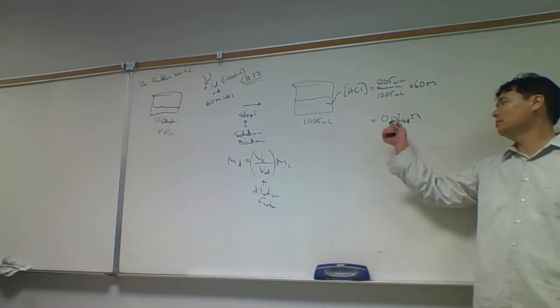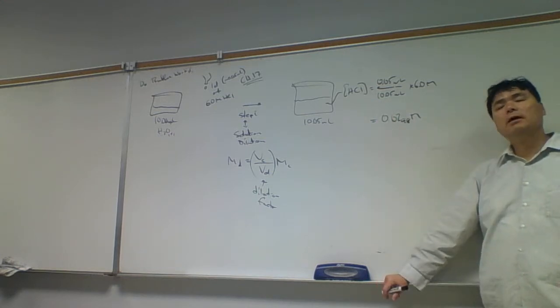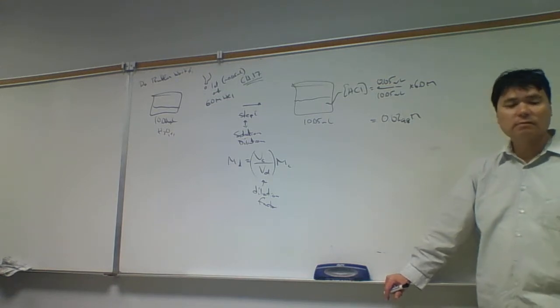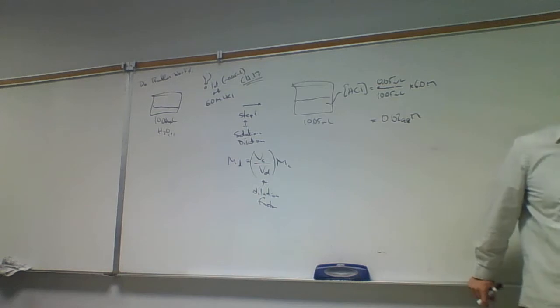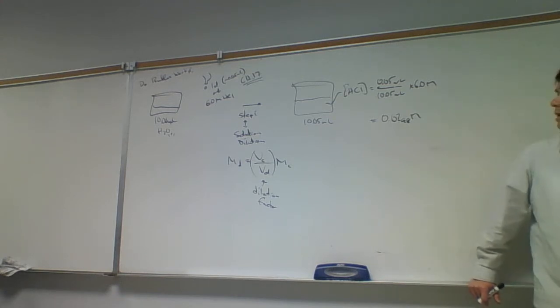If I get 0.0298 molar hydronium from step 1, because K is very large for HCl, should I worry about water? What's the most hydronium I'm going to get from water in an acid solution? In fact, I can't even get this much. What is the most hydronium I get from water? 1 times 10 to the minus 7. Yeah, 10 to the minus 7.